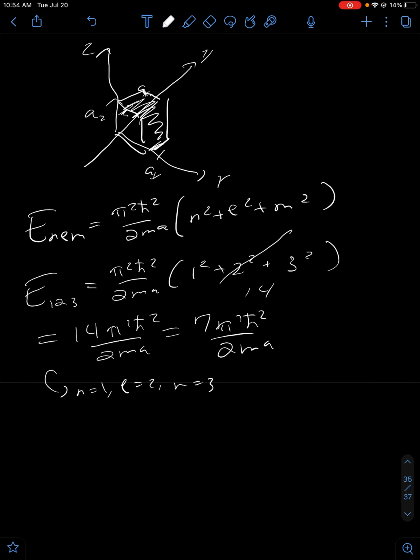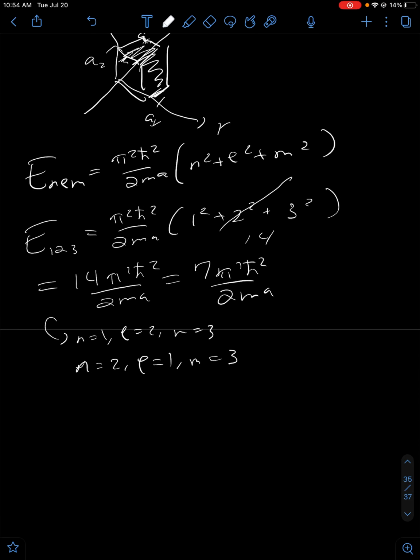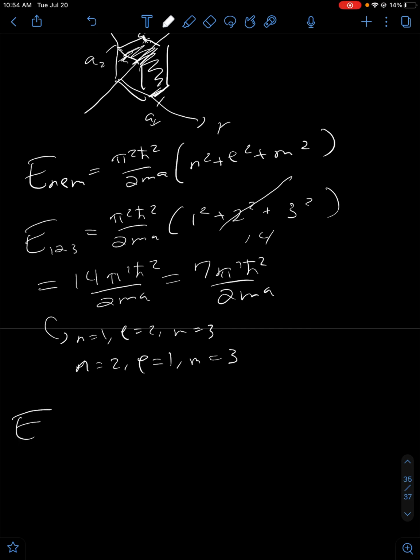What about the case where we switch the values? What about n equals 2, l equals 1, and m stays 3? For that case, we'd have E of 2, 1, 3. That's just π² ħ² over 2ma² times 2² plus 1² plus 3².